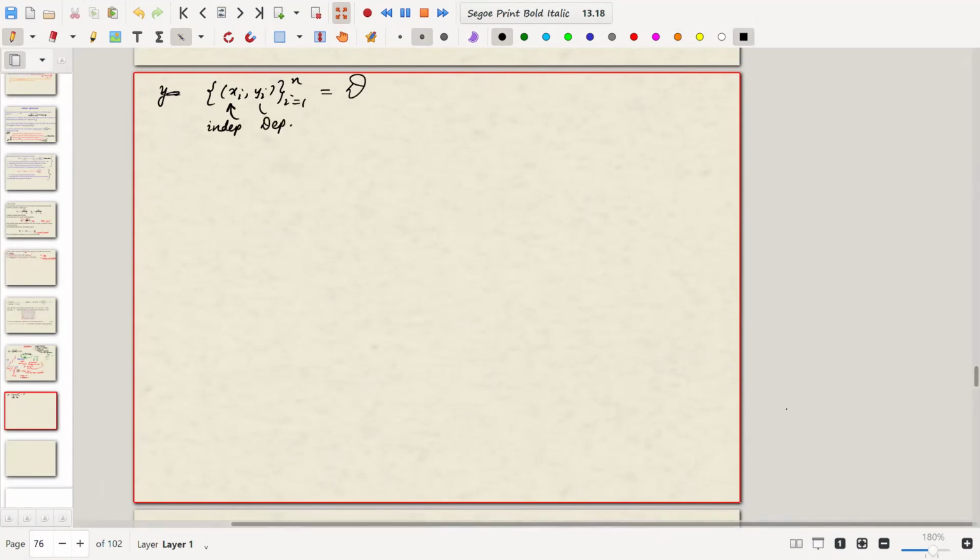Your job is, based on this data set, if I give you some new data x star, to predict y at that x star. That's exactly what regression does.